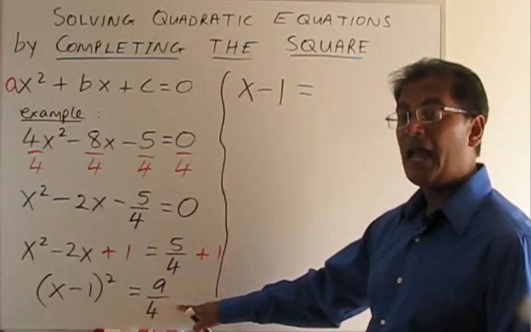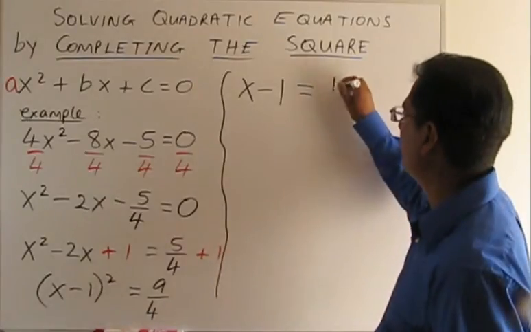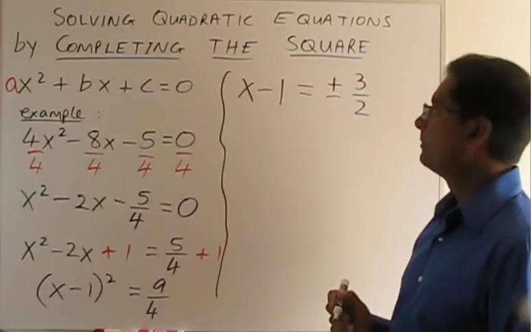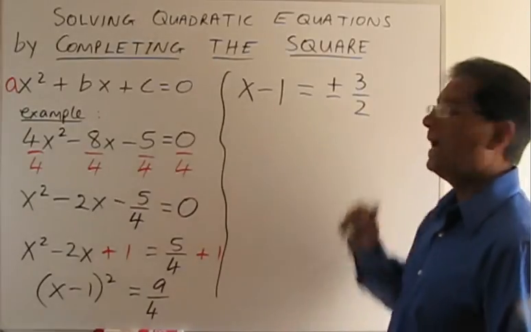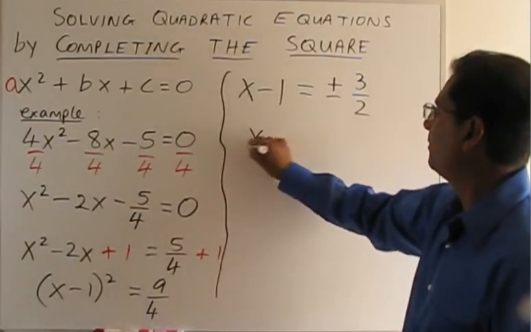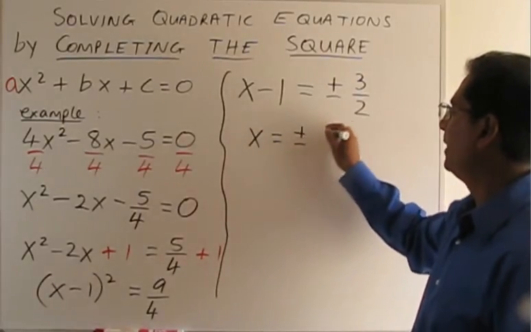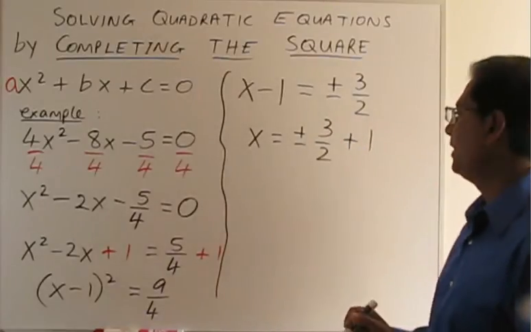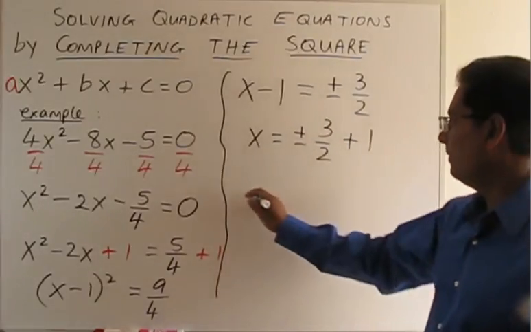So we're going to get 3 halves plus or minus. And finally, I'm going to add 1 to both sides. So my answer is going to be x equals plus or minus 3 halves plus 1, because I add 1 to both sides.